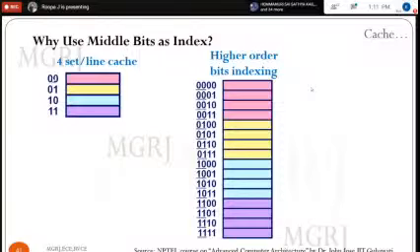Similarly, for the second address it is 0 1. Because these 4 sets have the same value, these 4 sets can be mapped to one of the sets of your cache with the same address 0 1. That is the yellow color. Whereas the third one, wherever I have 1 0, another 4 sets are mapped to one set of your cache, which is the blue color.